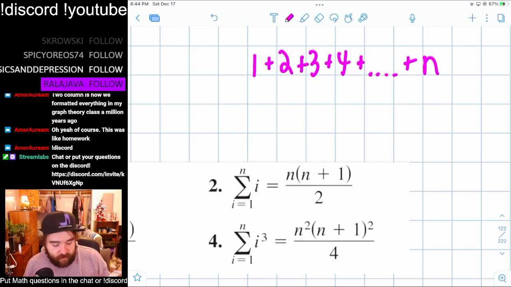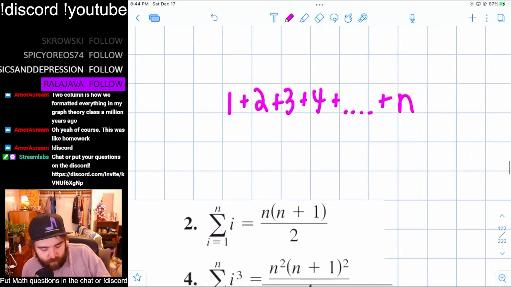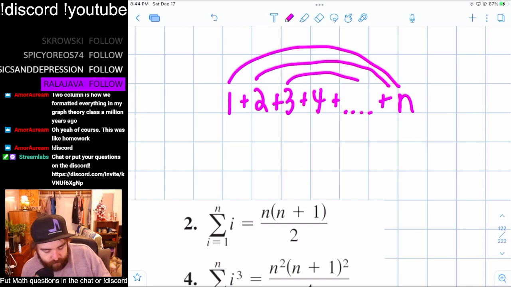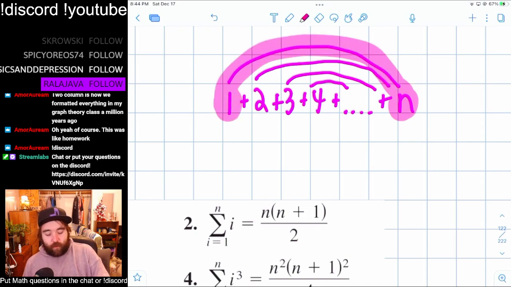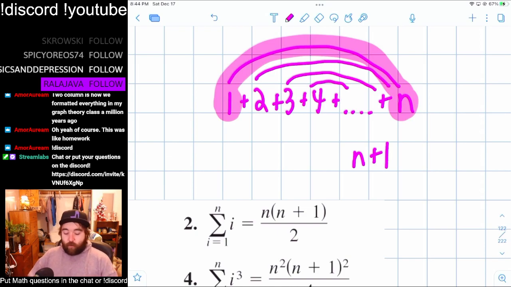Right. So the idea here is what I actually showed in the other one, that if we did all this out, all of these numbers would add to the same thing. They'd all add to n plus 1. So when I think about these pairs, the pairs add up to n plus 1.